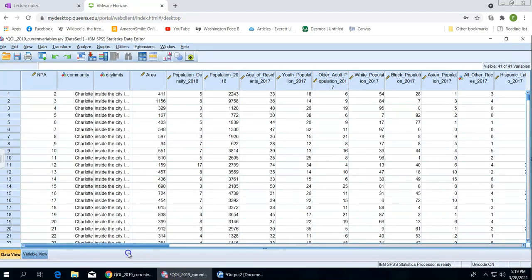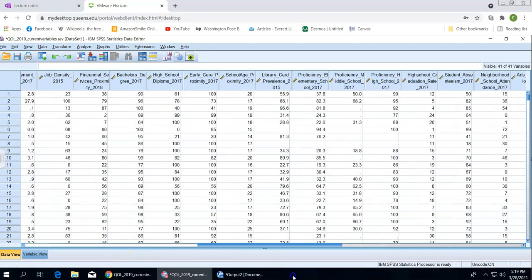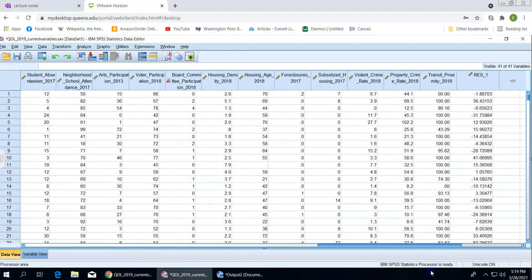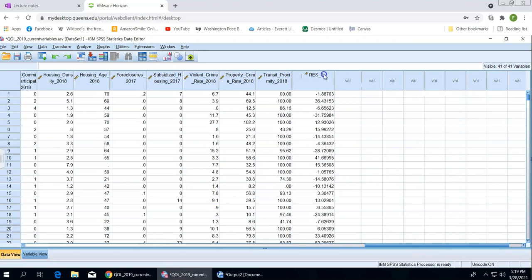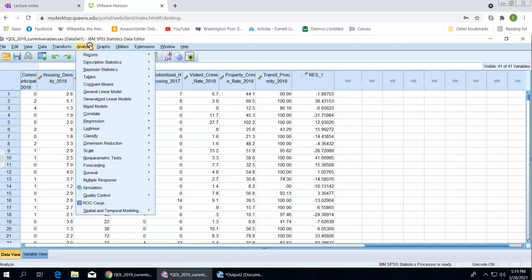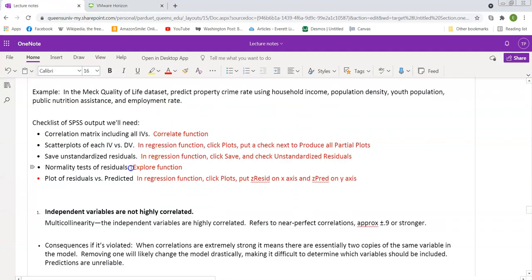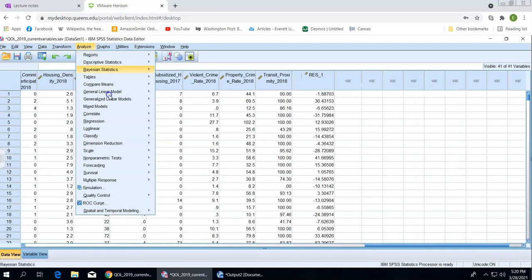And I will tell you now what one of those things did. Where we said Save Residuals, that's adding a variable to the data set that shows us what our residuals are for each observation. And we want to check normality on that. And that's what this is here. So the explore function with normality.